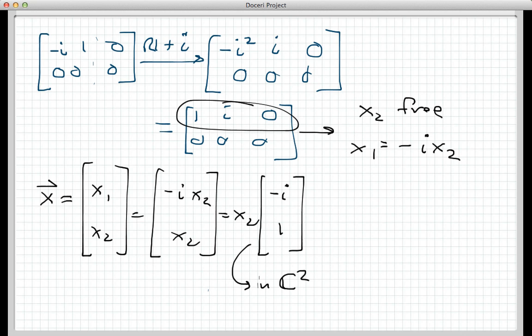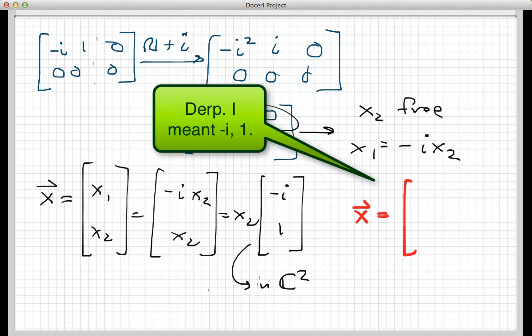It's a two-dimensional vector with complex number entries. If I wanted a sample eigenvector, I could just choose x2 to equal 1, and so one particular eigenvector for the eigenvalue 1 plus i is the vector negative i, 1.